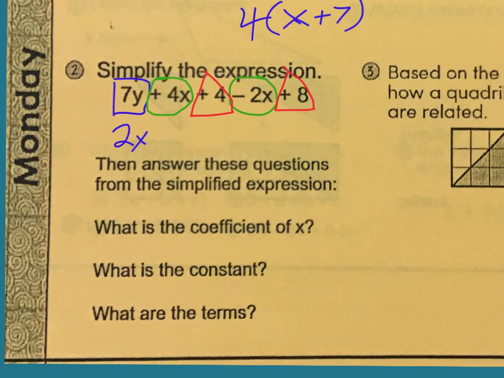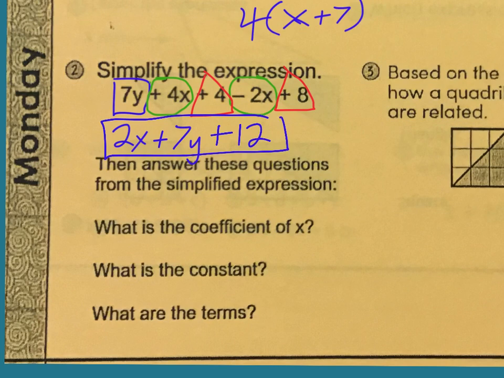If there's no symbol, it means it's positive. So I'm going to put plus 7y. And then I am going to look at my regular numbers. 4 plus 8 is 12, positive 12. Okay, so there is my simplified expression.